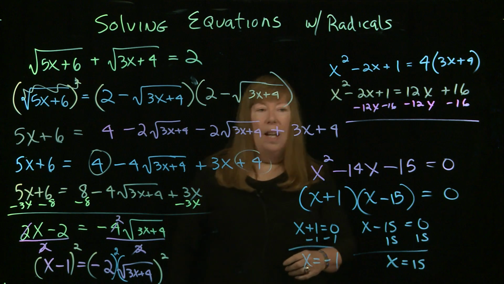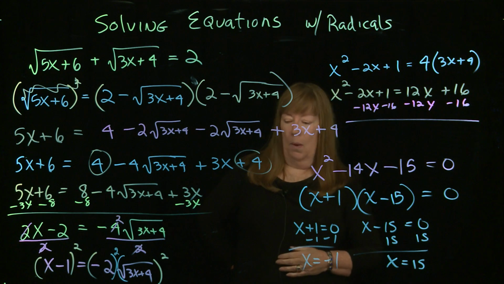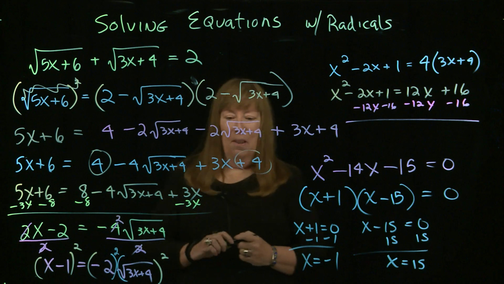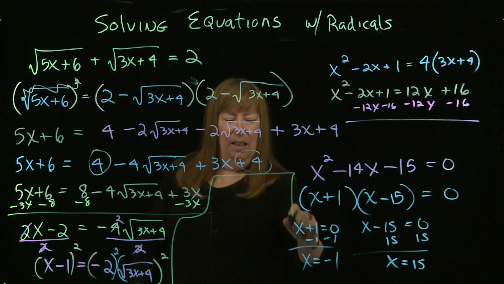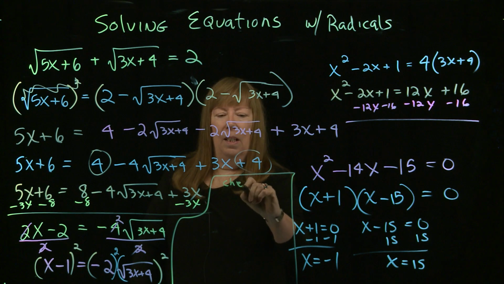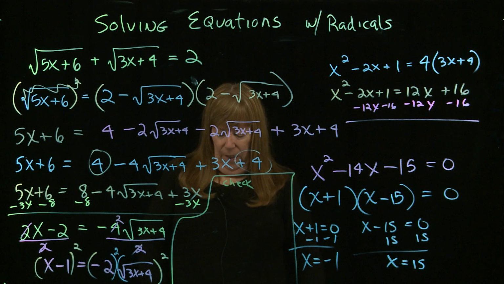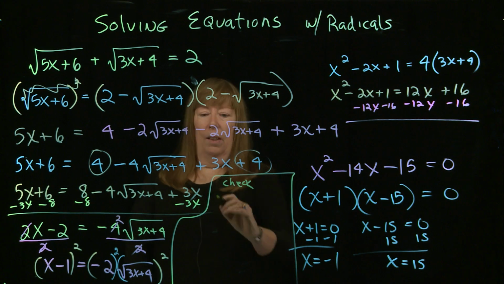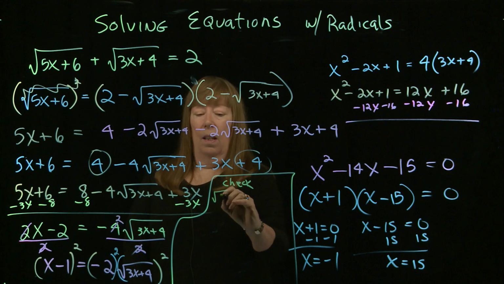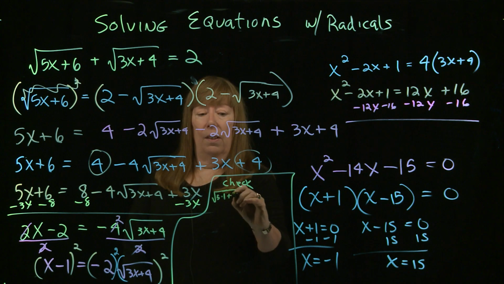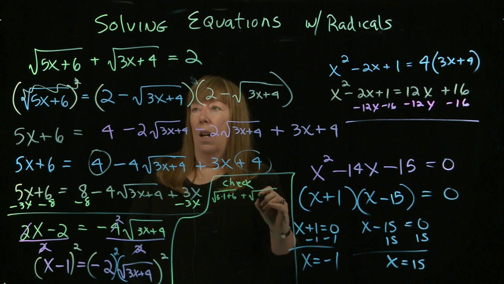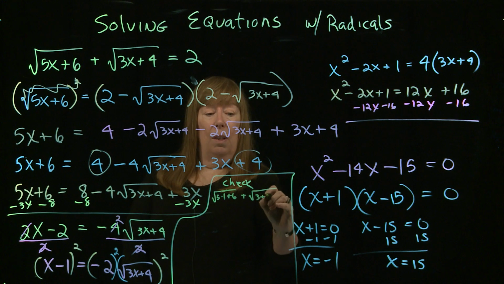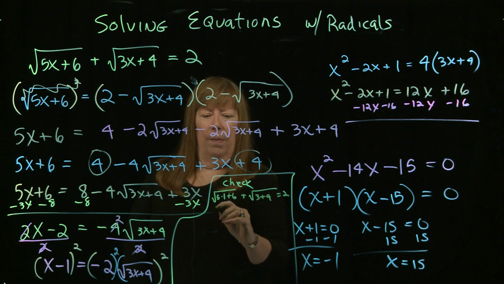Okay, we actually have to check both of these to make sure that they work. I'm not sure I've left myself enough room here for the check, but we'll see what we can do. Let's check the negative 1 first. All right, so we've got 5 times 1 plus 6 plus 3 times 1 is 3 plus 4 equals 2.